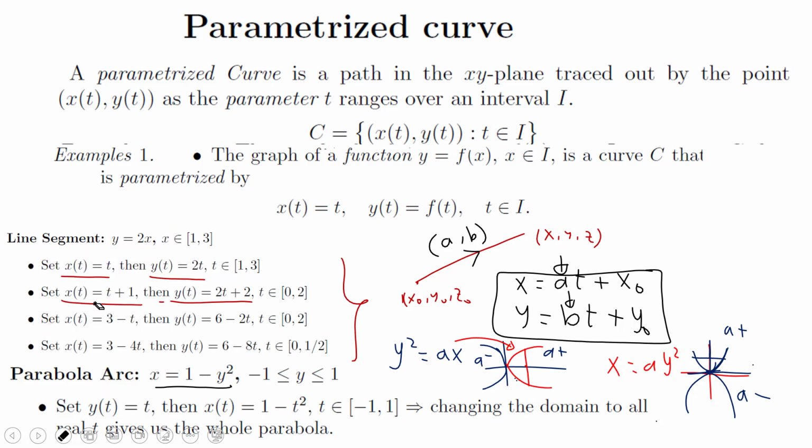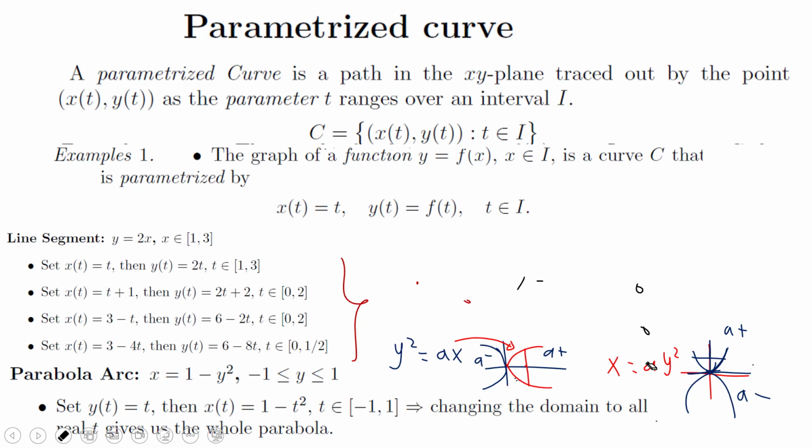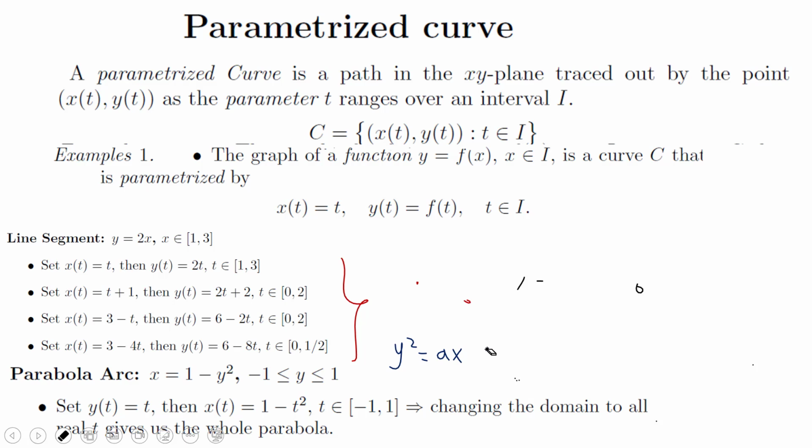Now you know how to change the Cartesian coordinates into a parametric equation. In two dimensions, as I told you, you may have x as your parameter t, or you may have y as your parameter t, right? It depends on your curve equation.